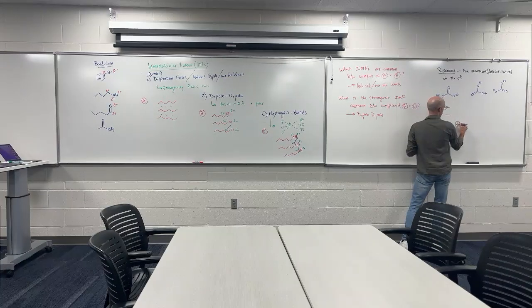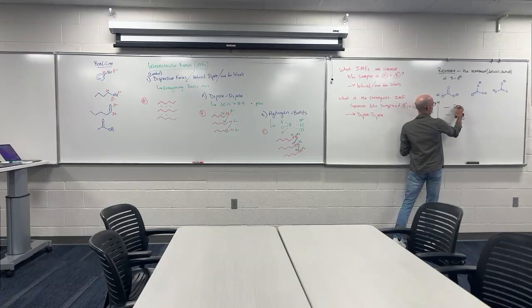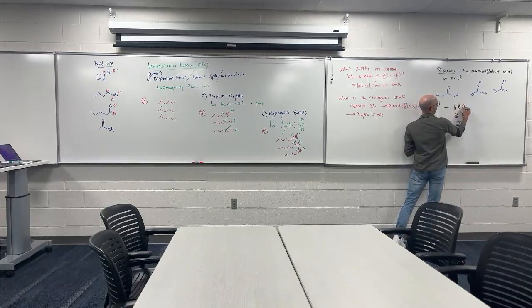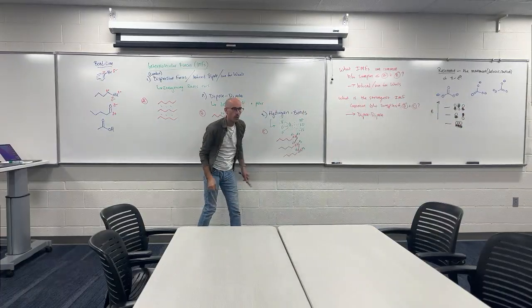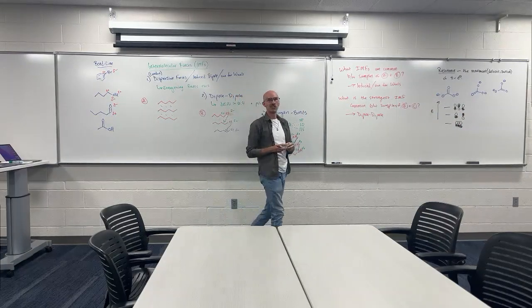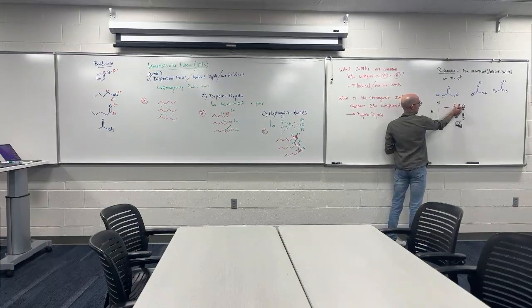One of them is completely in phase with 3 p orbitals. One of them only has 2 orbitals drawn, and then the top one has 3 orbitals completely out of phase. Where the orbitals change sign or change phase is a node.